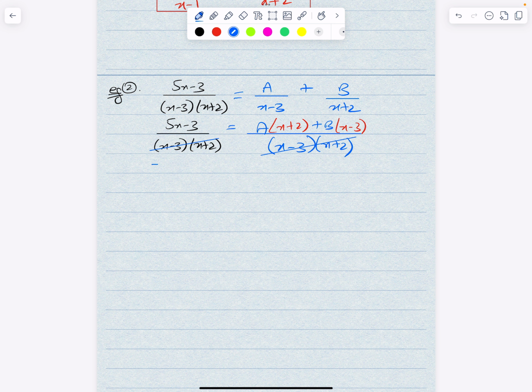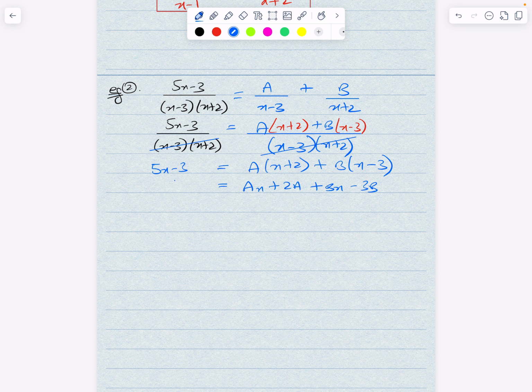Thus, I am left with 5x minus 3 is equal to A(x plus 2) plus B(x minus 3). I'll expand the brackets and group the terms together according to the respective variables, matching powers of x. So I have Ax plus 2A plus Bx minus 3B.